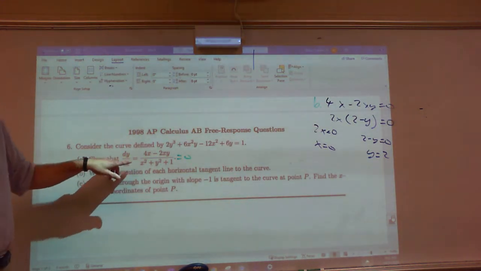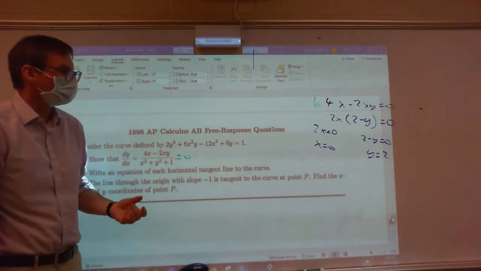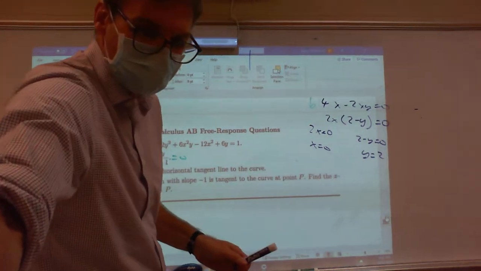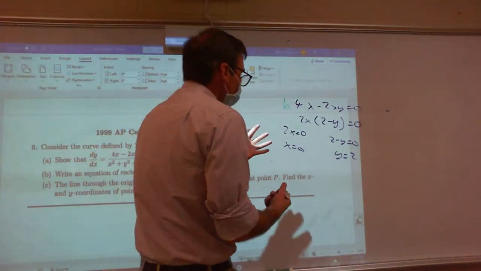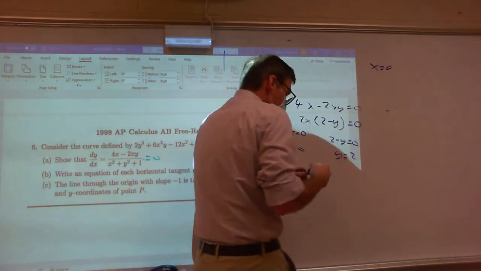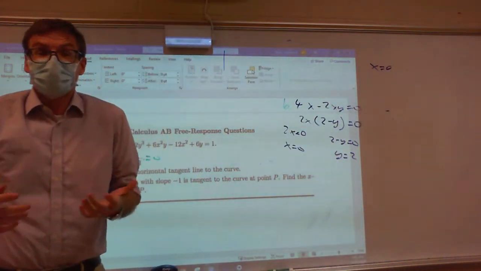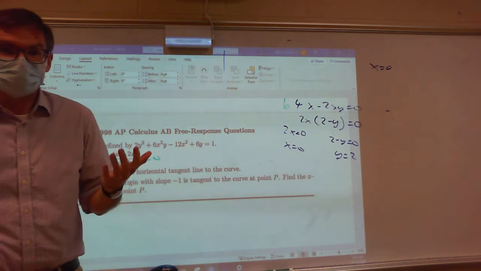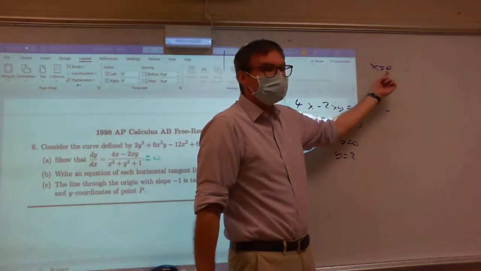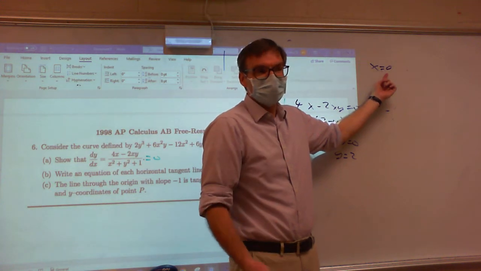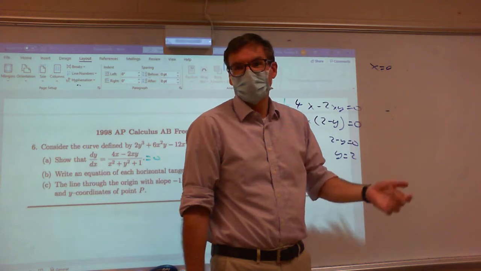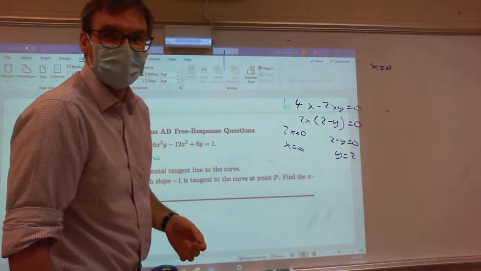It says, write an equation for each horizontal tangent line to the curve. So here's what we have. We have 2 situations. One situation is where x is equal to 0. To find horizontal tangent lines, I need a point. If x is 0, how do I figure out what my y value is?